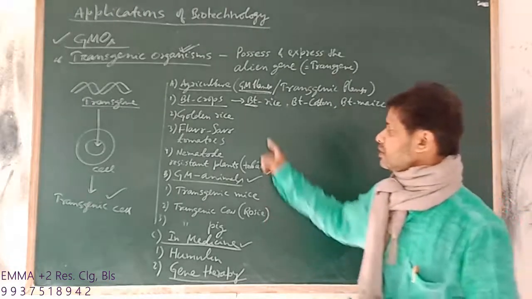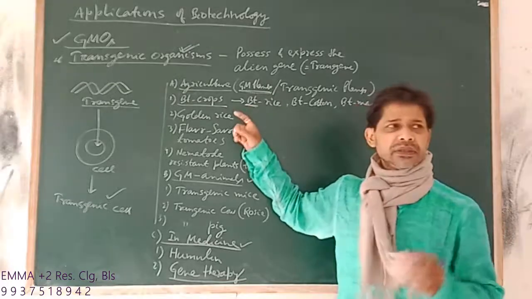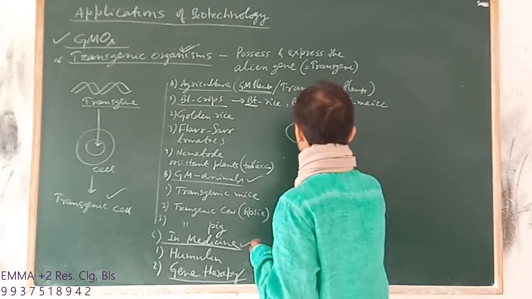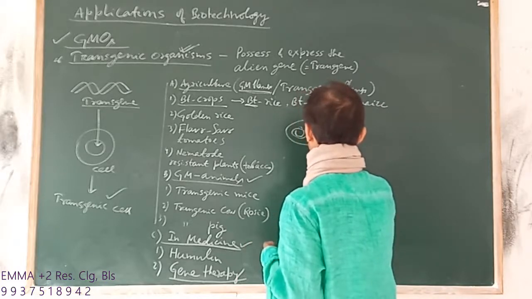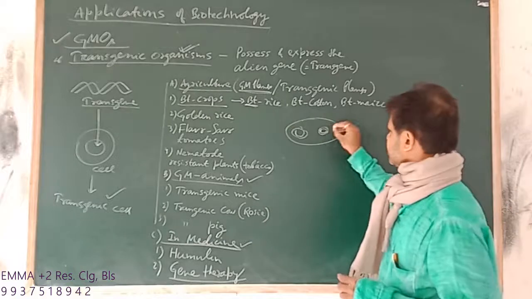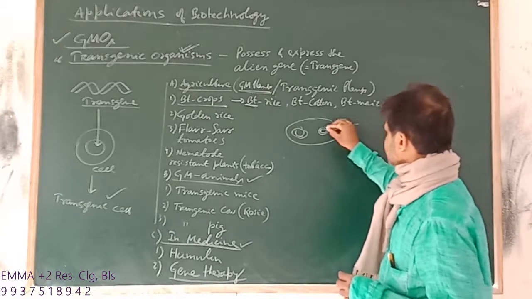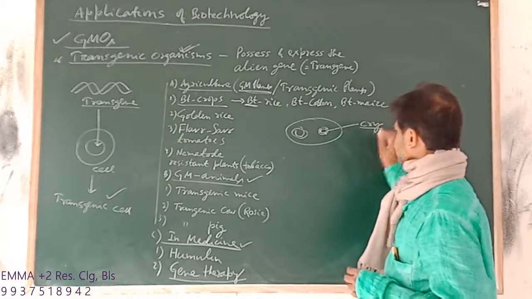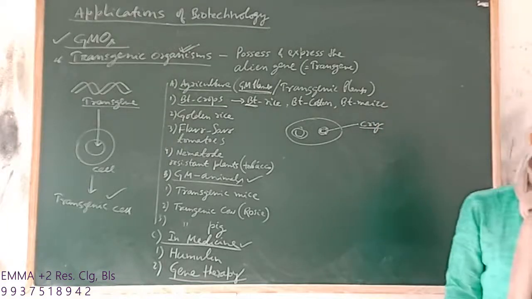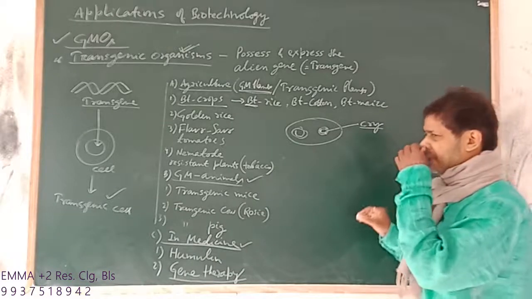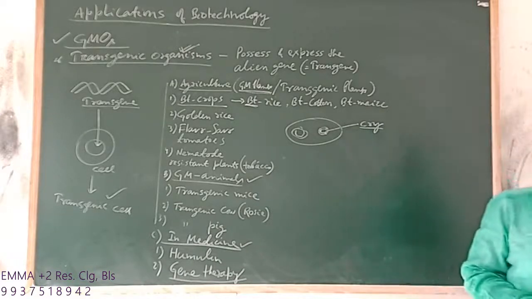So that Bacillus thuringiensis bacterium is having a transgene, that is cry in small letters, or we can say it as Bt toxin gene.